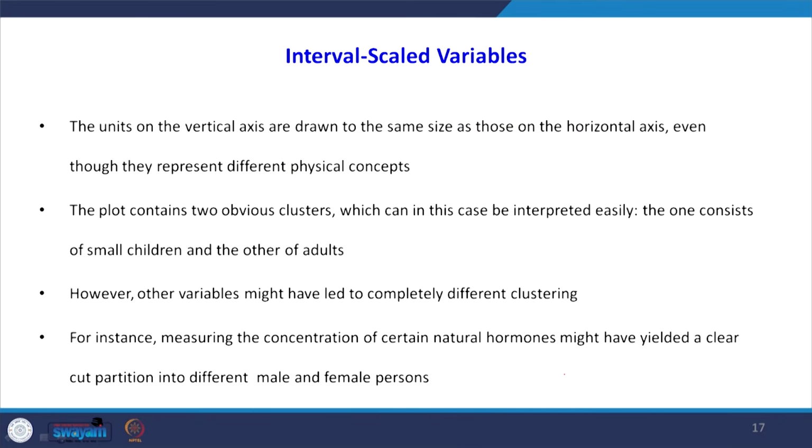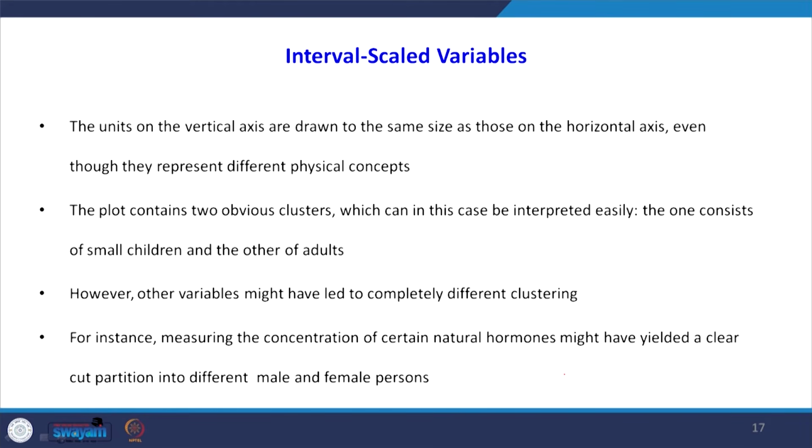The units on the vertical axis are drawn to the same size as those on the horizontal axis, even though they represent different physical concepts. The plot contains 2 obvious clusters which can in this case be interpreted easily. The one consists of small children, the other of adults. However, other variables might have led to completely different clustering.